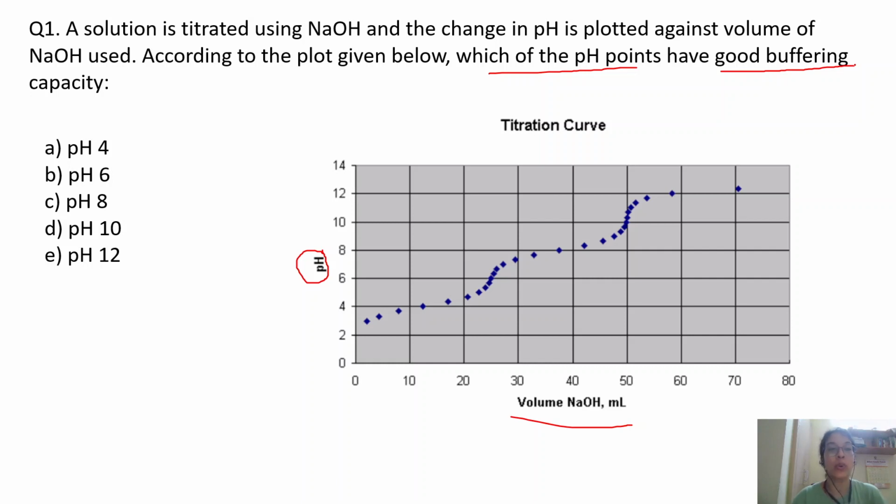I want you to let me know at which pH this particular solution is showing good buffering capacity. Please have a look at the options and let me know what is the correct answer.